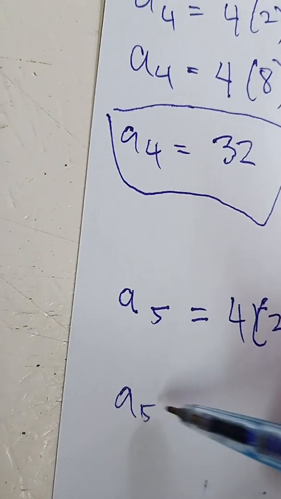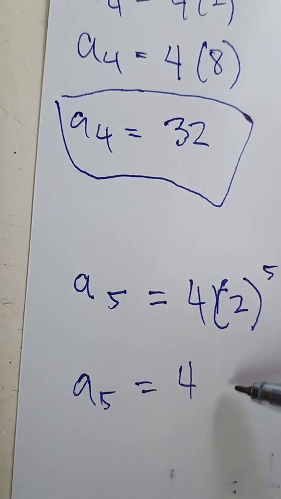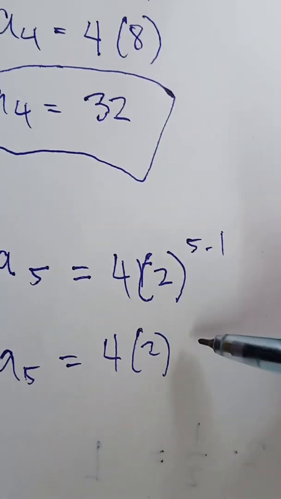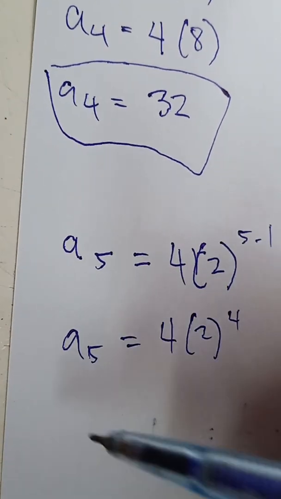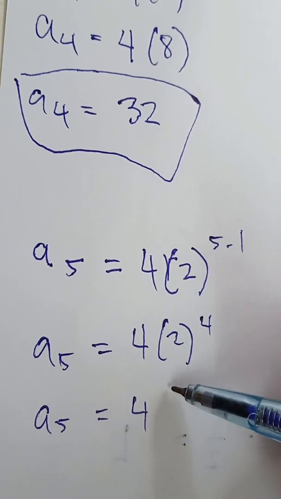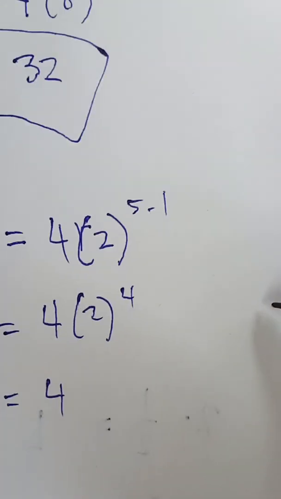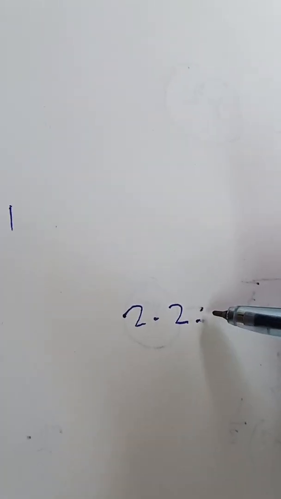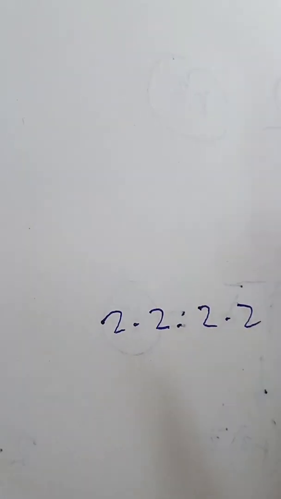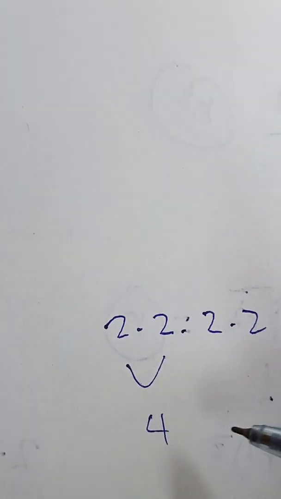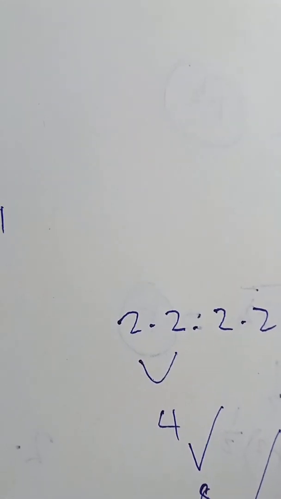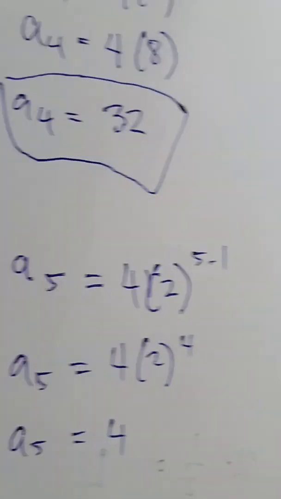Gamit tayo ulit ng PEMDAS, 5 minus 1 is 4. So a sub 5 is equal to 4 times 2 raised to 4. 2 times 2 is 4, times 2 is 8, times 2 is 16.